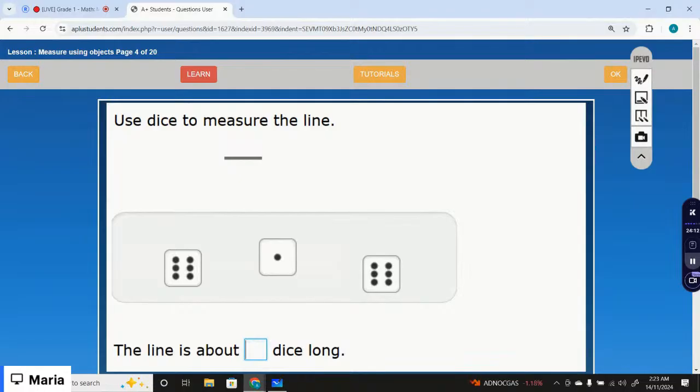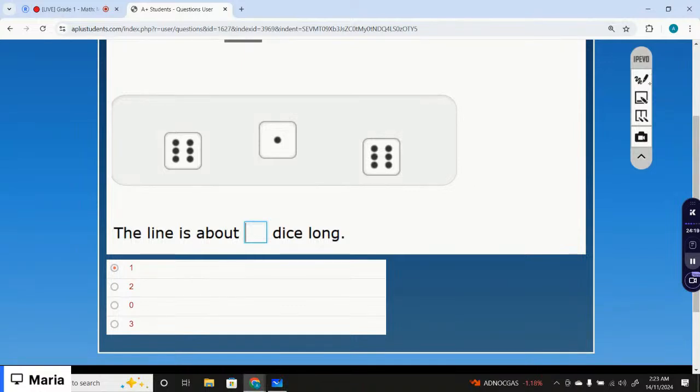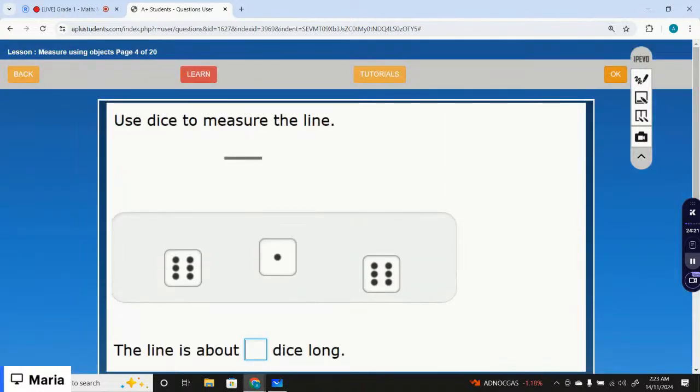That is 1 dice long. The correct option is 1 dice long. It is option number 1 is the correct option.